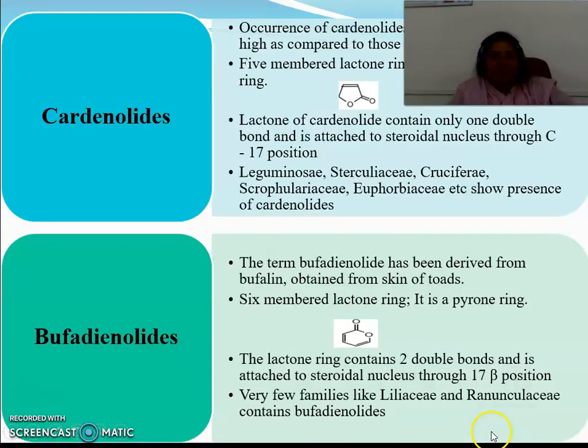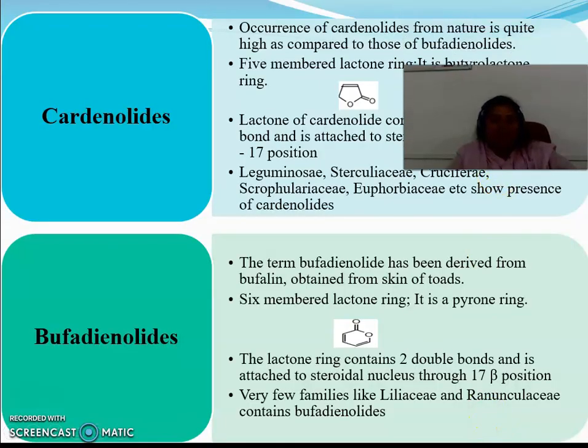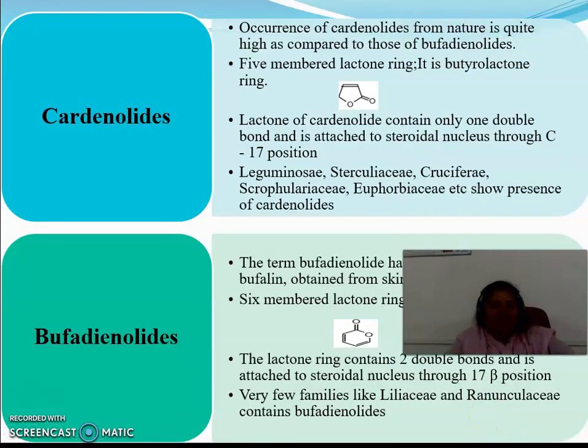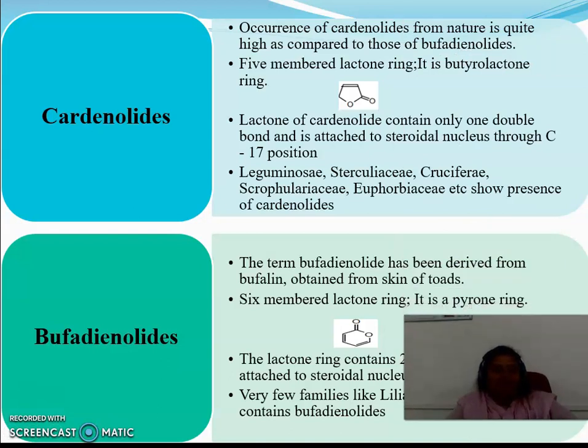Now let's see what is the difference between cardenolides and bufadienolides. Cardenolides occur in a region that is quite high as compared to that of bufadienolides. They have 5-membered rings and are also called butyrolactone rings. The lactone rings of these cardenolides contain only one double bond.